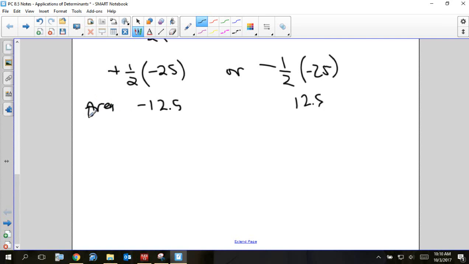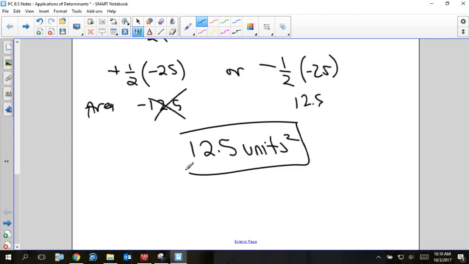Kind of negative area, so we can just reject this one and say 12.5 units squared is the area. So on the area of a triangle, you didn't even have to graph it. You ready to go on? Turn it over. If you got any questions, let me know.